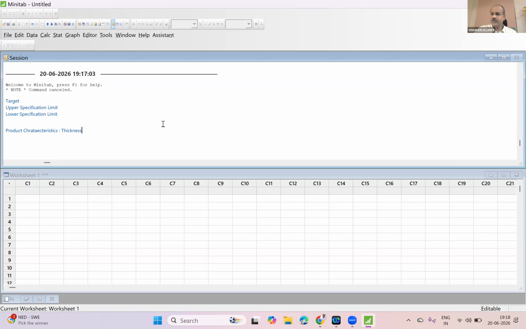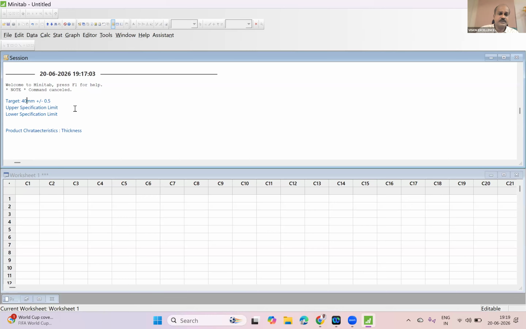So now, if a field failure happens even though you inspected 100% and all the parts are well within the specification, let me type something. Thickness should be 40 mm plus or minus 0.5 mm.